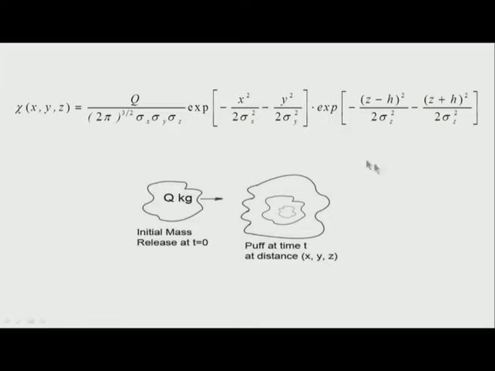Well, this is how we calculate. We will do 1 or 2 model problems after looking at different types of releases. In this case, it is a puff over here.